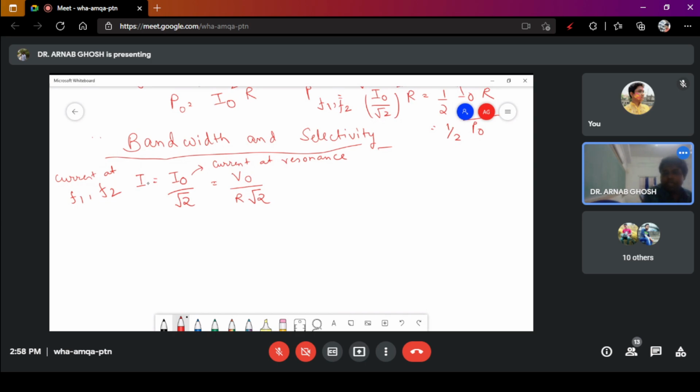Now you also know the general formula: I is equal to V upon root over R square plus (omega L minus 1 by omega C) whole square.